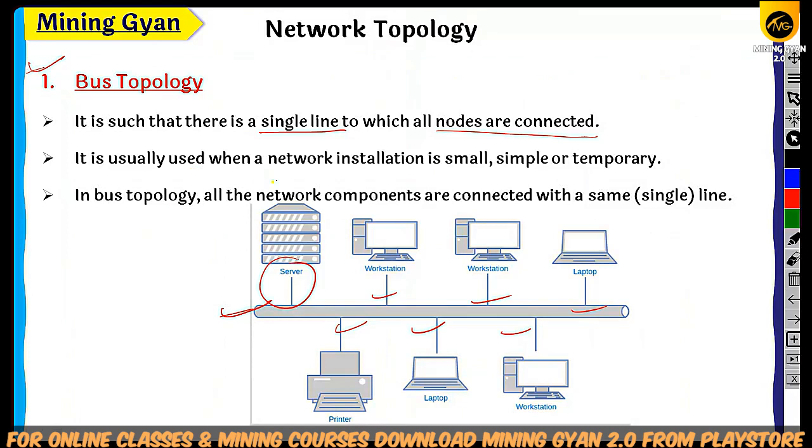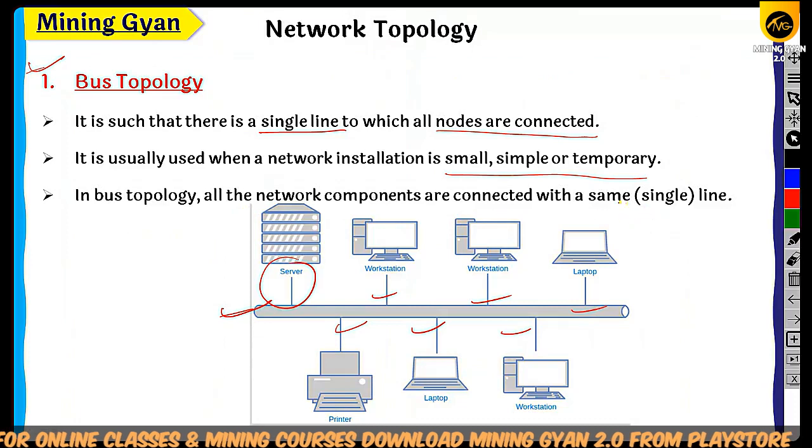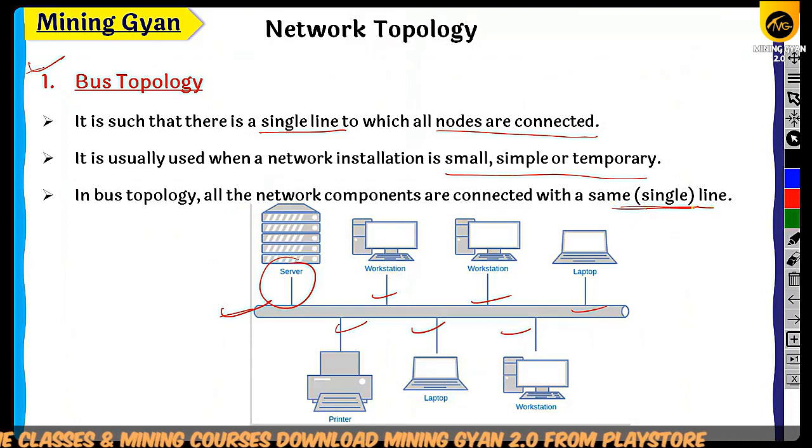It is usually used when a network installation is small, simple, or temporary. In the bus topology, all the network components are connected with the same single line. Okay, so this is called the bus topology.